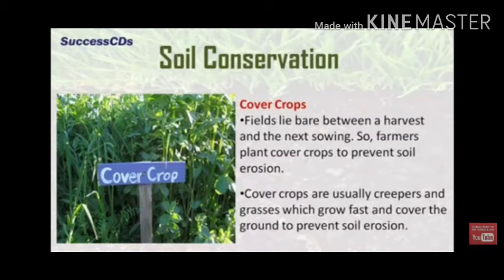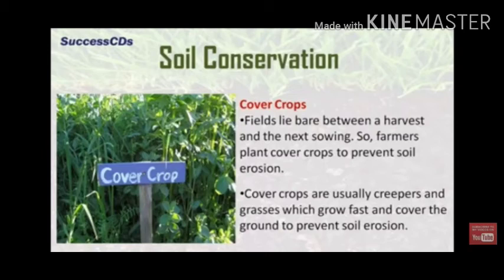Loss of topsoil affects the growth of plants and crops and also disturbs the interdependent relationship between plants and animals. That's why we need to conserve soil and protect our precious resource.